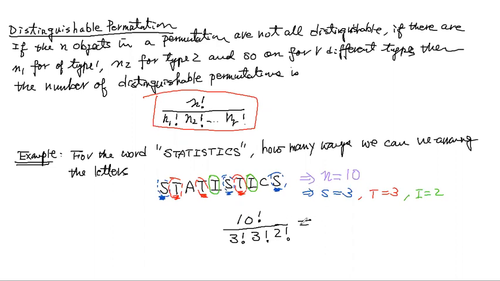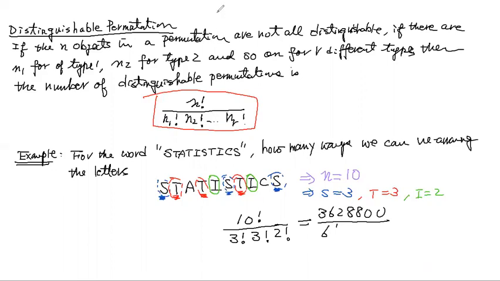Okay, so now if you calculate this one, so let's see here. If the 10 factorial, okay, so we will get this is 3, and this is a 6, right?